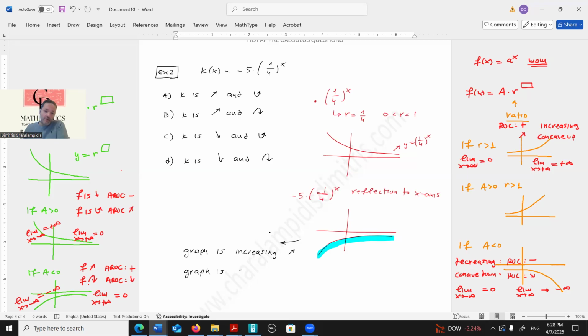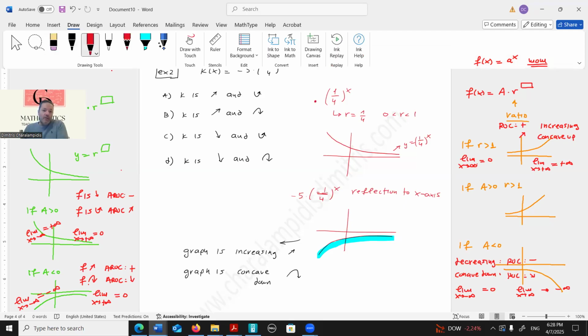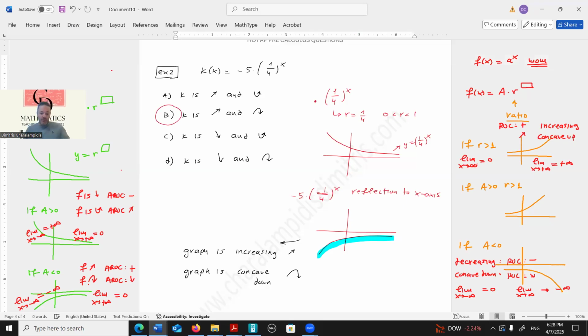The graph is concave down because we know that a graph is concave down when it looks entirely or partially like an upside down U shape. So it is increasing and concave down. The right answer should be increasing concave down, which is B. Let me see if I can find more exercises similar to it.